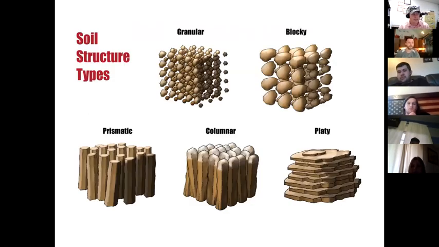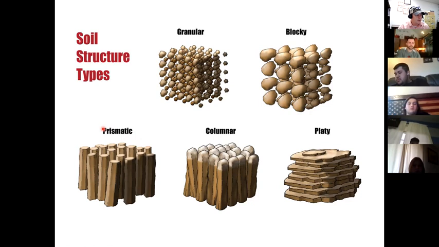And when I say units, this is what I'm talking about. In the soil, we can have a granular structure where we get these nice, not too big, but not too large peds. This is what we call granular. If they start forming themselves into something quite a bit bigger, that's when we move to blocky. Prismatic is where you get these prism-shaped vertical structures.